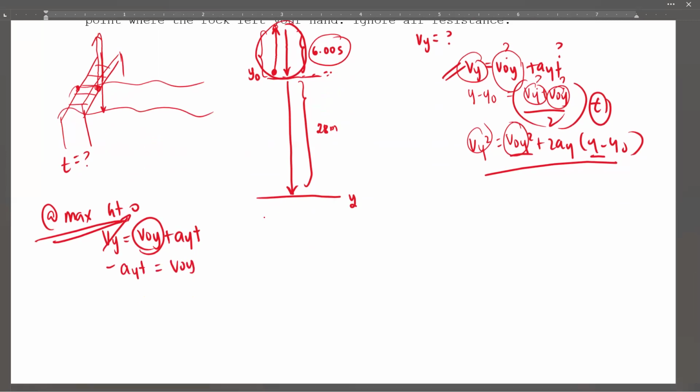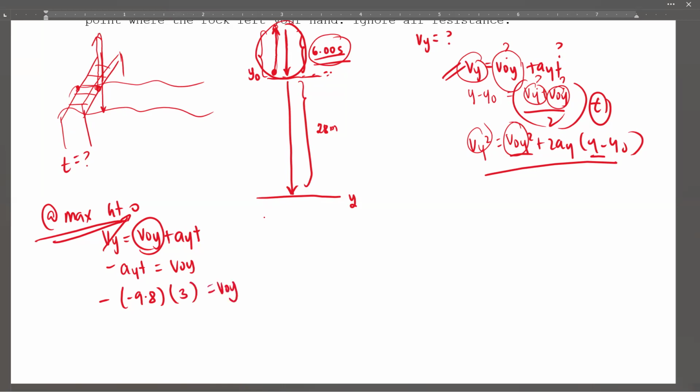What is my Ay? That is simply the negative of negative 9.8 times time. What is my time before it reaches maximum? Take note, this is symmetric free fall. So the trip up and down is 6 seconds round trip, meaning the trip up is 3 seconds. So this is 9.8 times 3.